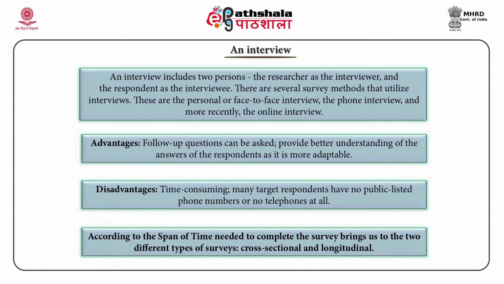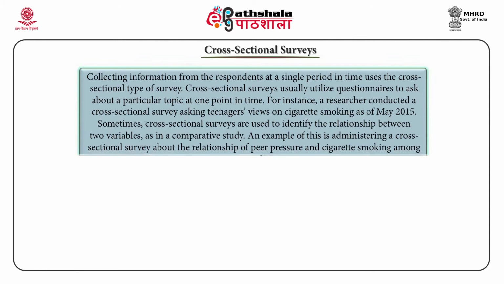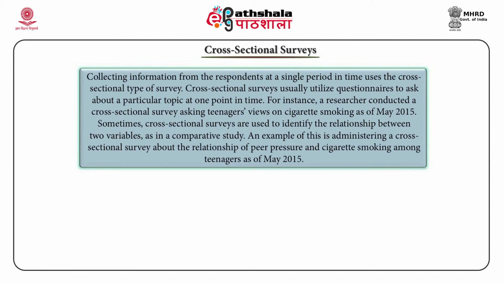According to the span of time needed to complete the survey, we have two different types of surveys, cross-sectional and longitudinal. Cross-sectional surveys collect information from the respondents at a single period in time. It is usually utilized through questionnaires about a particular topic at one point in time.